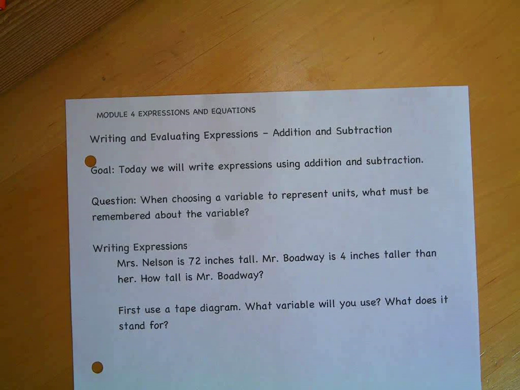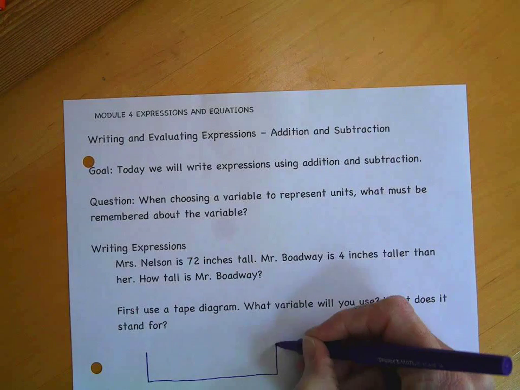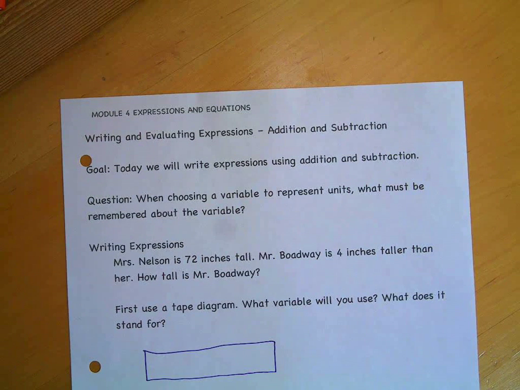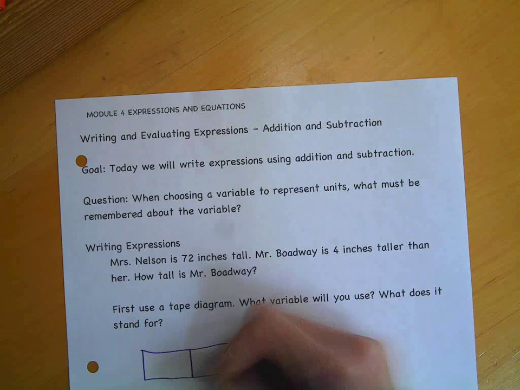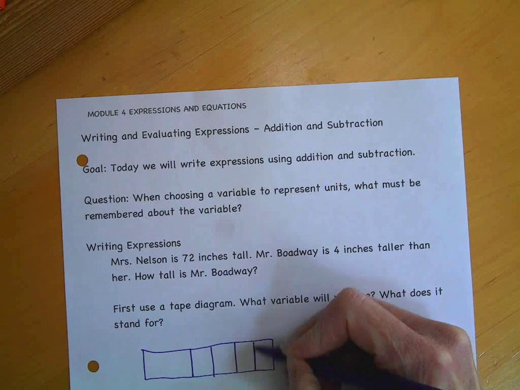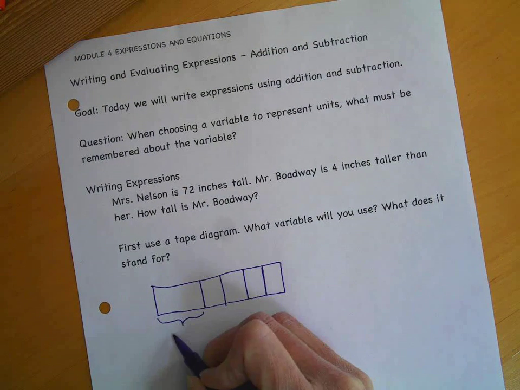So if I have a tape diagram of this situation, then we know that if we take my height and 4 inches more, that would represent Mr. Bodway. So I would say that we have my height, and then we have 4 inches more, right? And that's Mr. Bodway. So this is how I'm going to split up the tape, and I'm going to say that this right here is Mrs. Nelson.